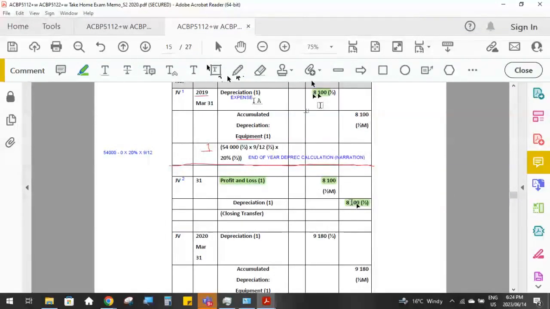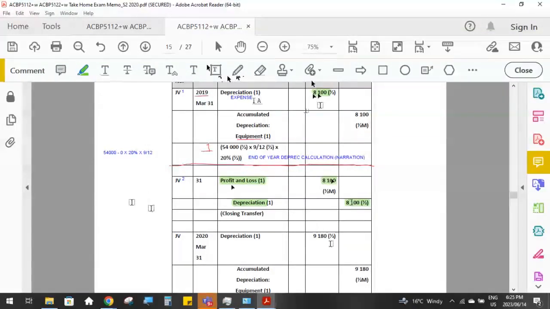So when we've done this journal entry, credit depreciation and debit profit and loss, the total carrying value in our depreciation account is now 0, because we had a debit of 8,100. We credited it with 8,100, so a debit minus the credit equals 0.